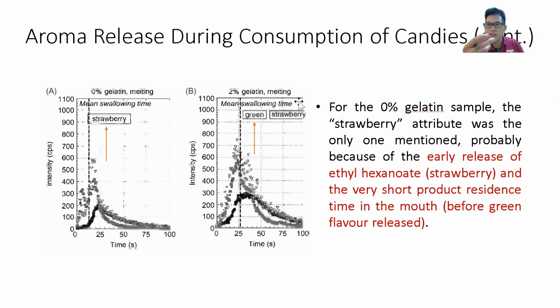When you give enough time in the mouth, the green can be perceived first. The green may be stronger than strawberry, so even though it may be slower, if you give enough time, it can overpower your perception.